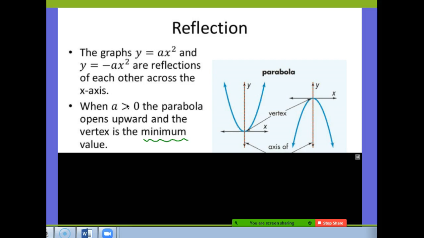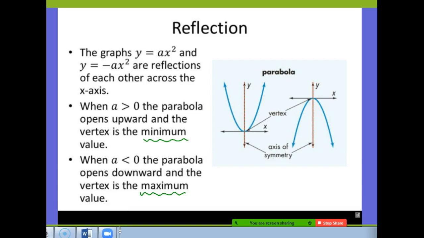So when the a value is positive, it opens up and has a min. That's this first example here. If my a value is negative, it opens down and has a max. That's the second example.